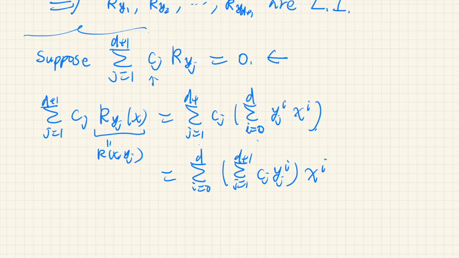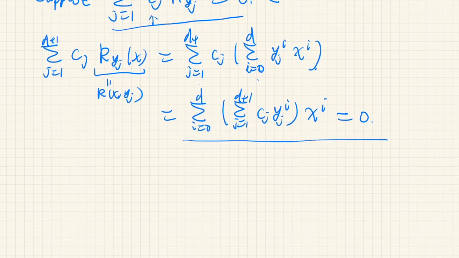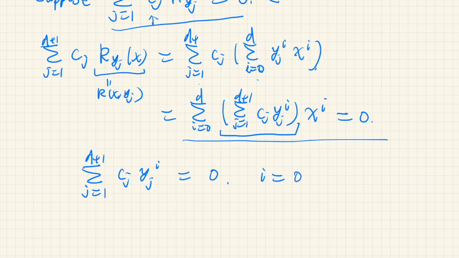Rearranging the sum, we have the sum over i from 0 to d of the sum over j from 1 to d+1 of c_j y_j^i times x^i. Now, by assumption, this function is identically equal to 0. Whatever the value of x is, this is equal to 0. So as a function of x, this is identically equal to 0, which means each of these coefficients is 0. That means the sum over j from 1 to d+1 of c_j y_j^i is equal to 0 for each i equal to 0, 1, and so on up to d.